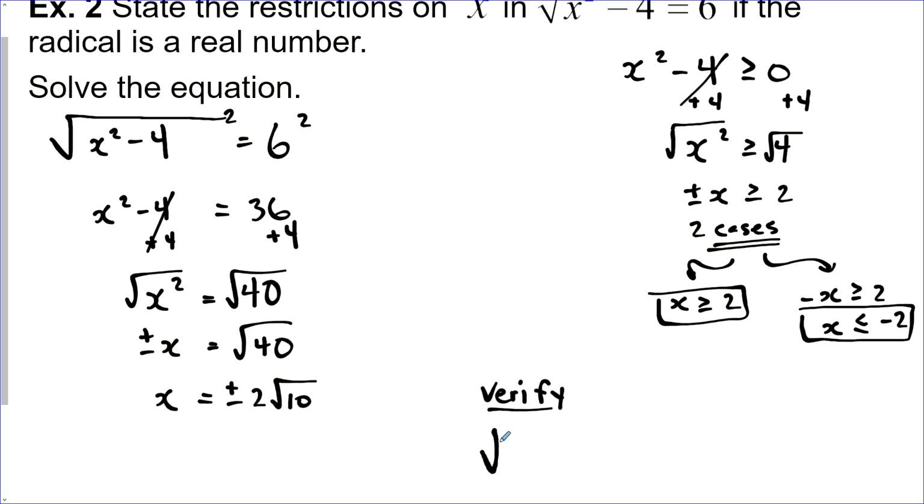So we've got the square root of x squared. I'm going to verify both at once because really I'm going to square the x, and so it doesn't matter if it's plus or minus, it'll work. And I'm going to use root 40 because that's easier to square.